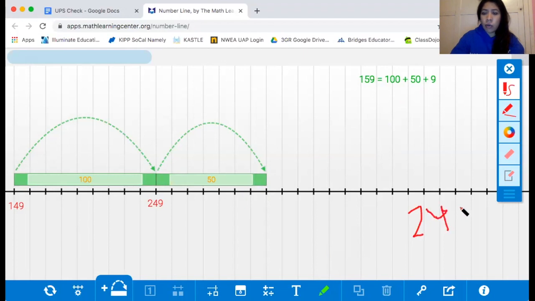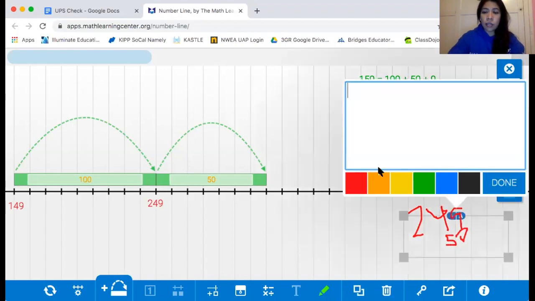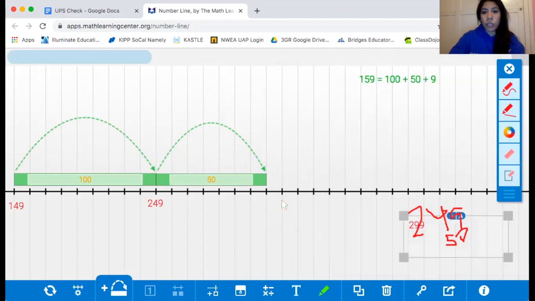So I'm just going to go ahead and write it down. 249 plus 50. That's easier for me to see. 9 plus 0 is 9. And 4 plus 5 is 9, 299. So now I'm at 299.